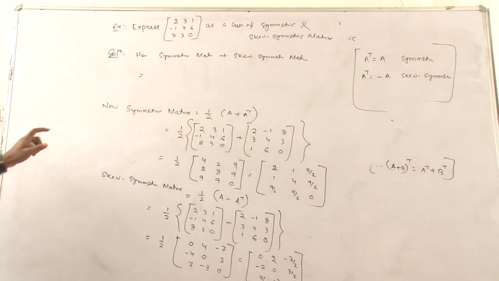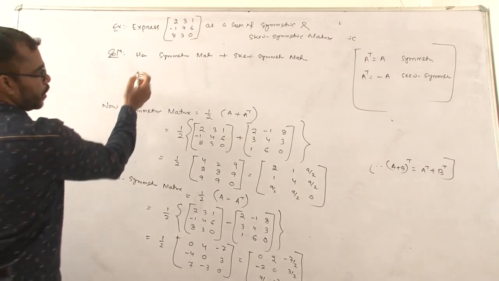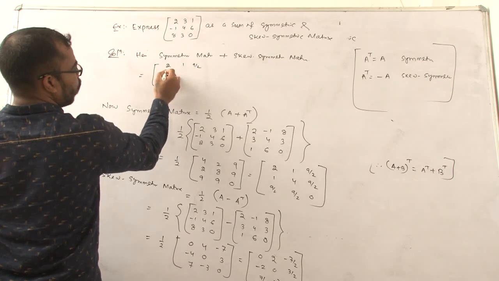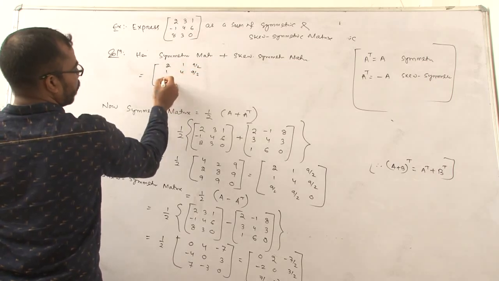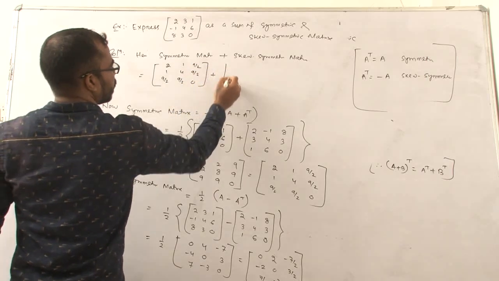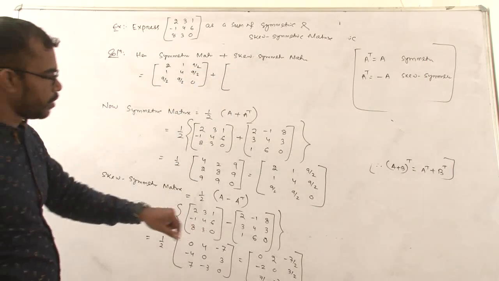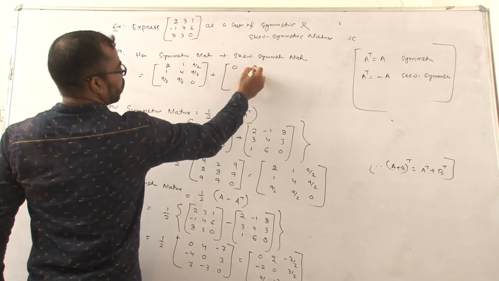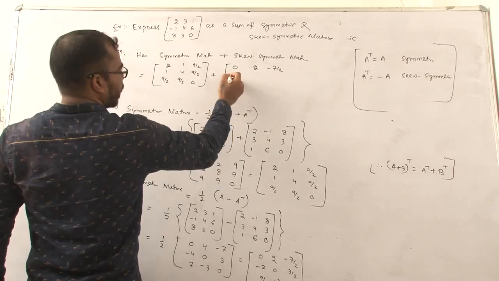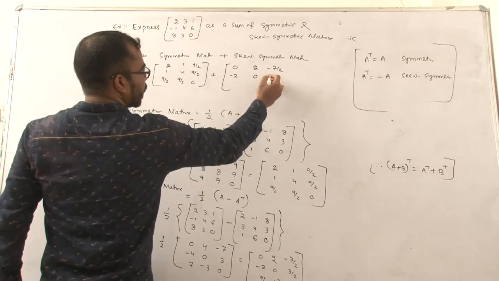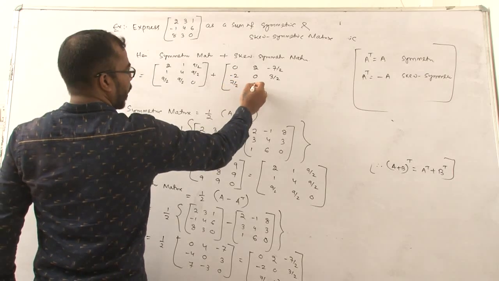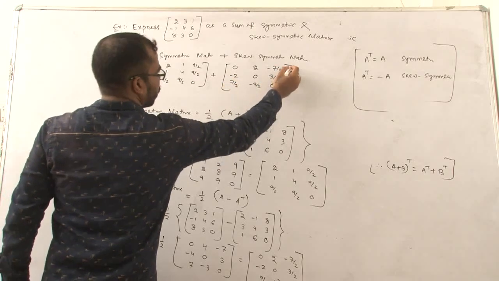The symmetric matrix is 2, 1, 9 by 2, 1, 4, 9 by 2, 9 by 2, 9 by 2, 0, plus the skew symmetric matrix, which is 0, 2, minus 7 by 2, minus 2, 0, 3 by 2, 7 by 2, minus 3 by 2, 0.